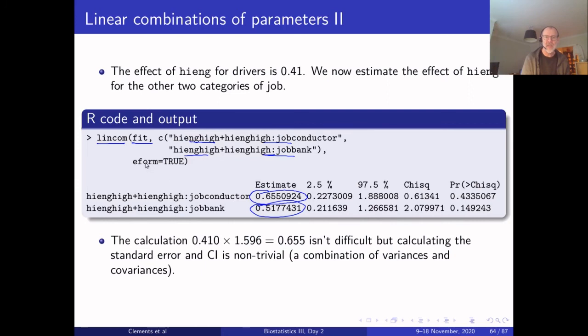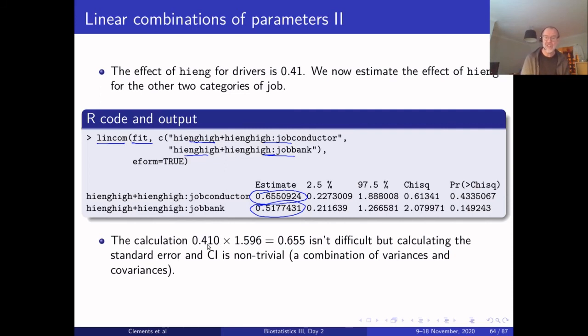And then the E-form says that we want this to be exponentiated. So this says that we can actually fit one model and then express a linear combination of the parameters, which is what we'd get if we dropped off the main effect for high energy, which is really quite beautiful.